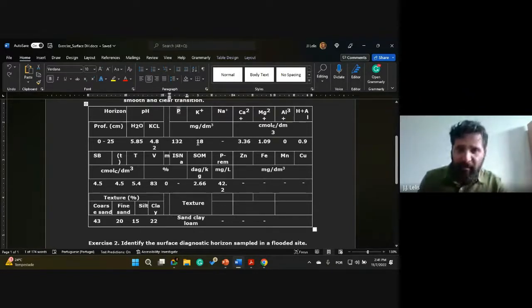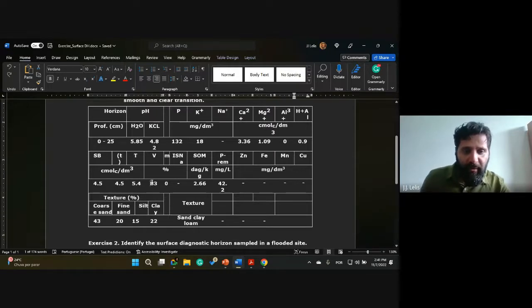And the potassium is low, I'm sorry. We can find a high content of calcium and magnesium, but especially calcium, the content is very high. And we can find a low content of hydrogen. So the acidity of the soil is very low, but the pH is not so high, okay?